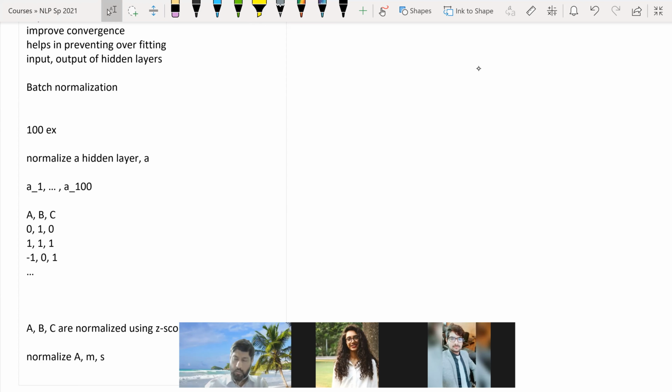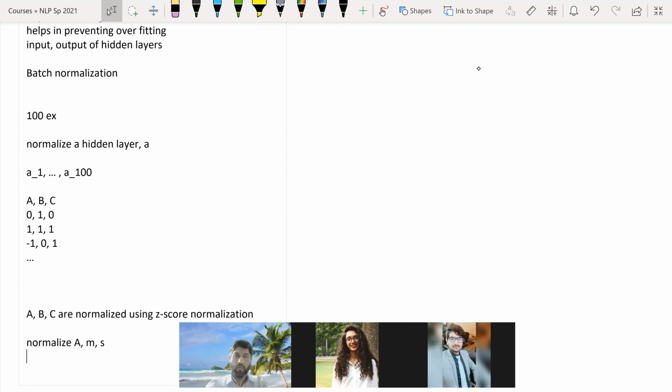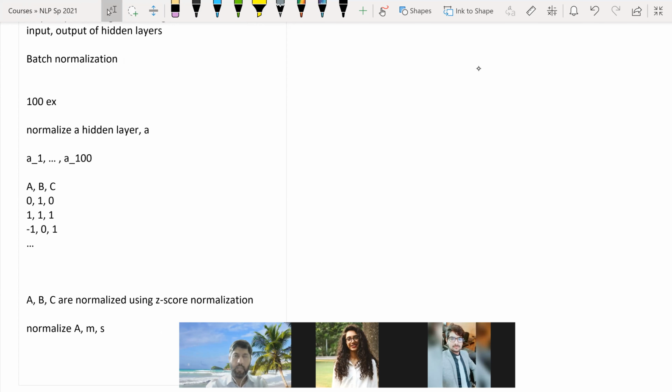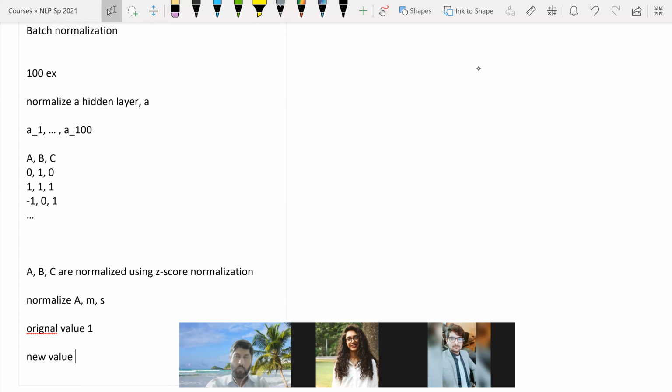Okay? And then any new value of A, let's say I take a particular value, let's say A prime, there's a bit of a notation issue, but let's say the original value is 1. The new value would be 1 minus mean divided by standard deviation.